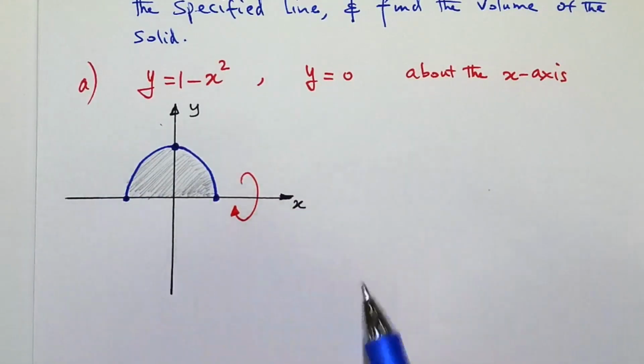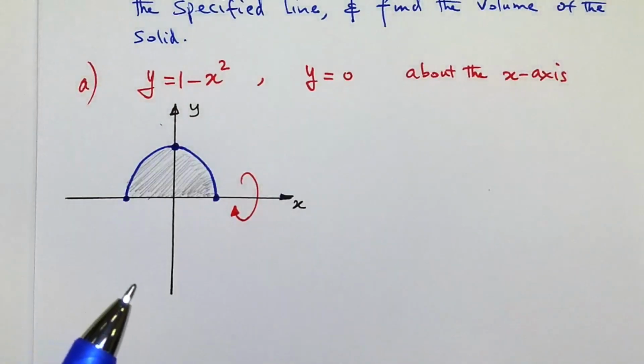So this is an example, again, of a disk method, but we will do a mix of these problems. We will do one example of a disk method, maybe a couple more, maybe one as a washer method, and then another one as a mix.